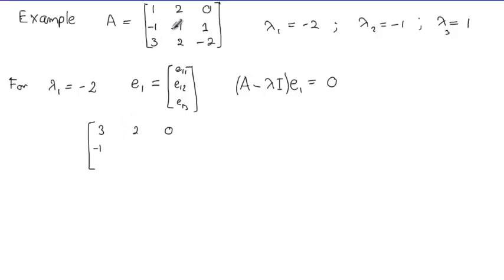Then we're going to have minus 1 minus minus 2, which will be 1. And then we've got 1. Then 3, 2, and 2 minus minus 2, that will give us 0.